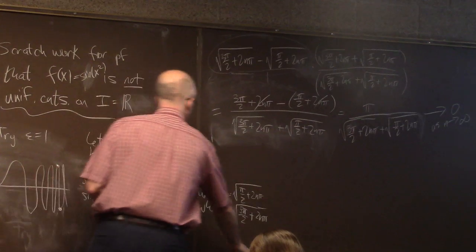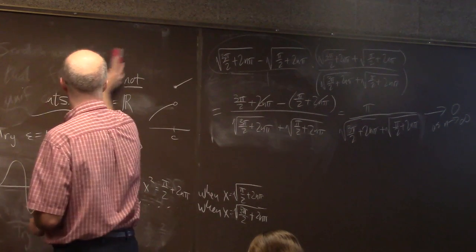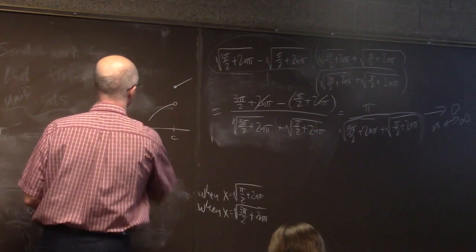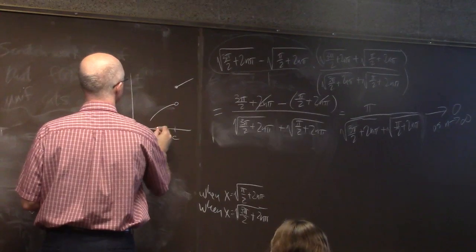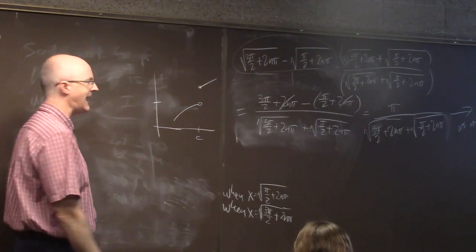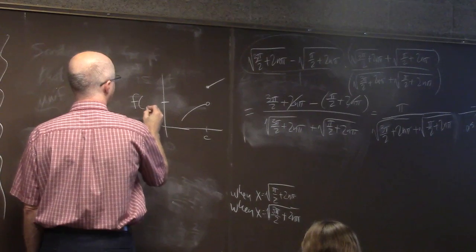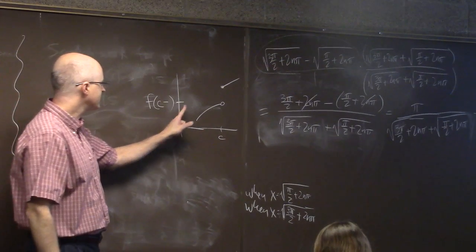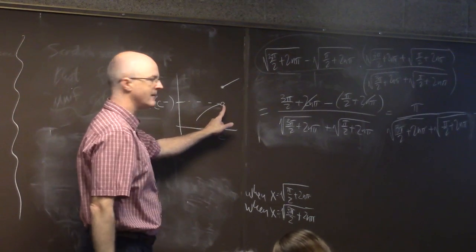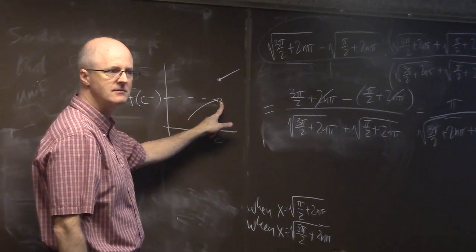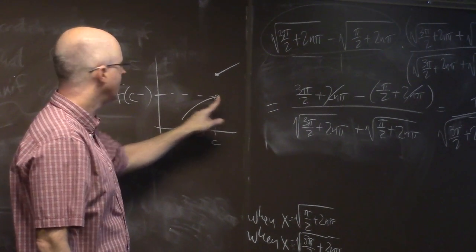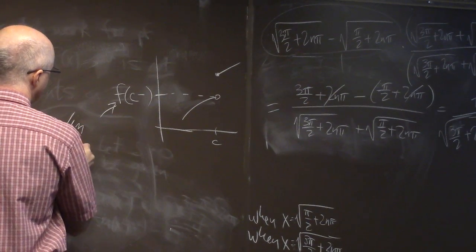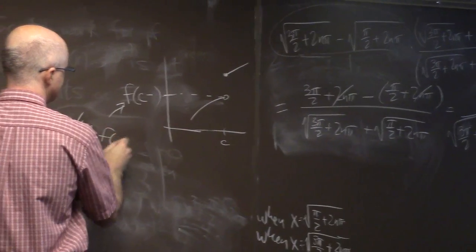By the way, I haven't written this in class, but it is in the book. There's kind of a funny notation involved with one-sided limits. The left-hand limit at c here would be written f of c minus. That's not a function value. The second coordinate at that point is not on the graph. f of c minus, by definition, is just another notation for the left-hand limit at c.